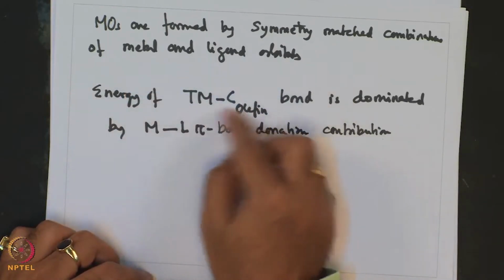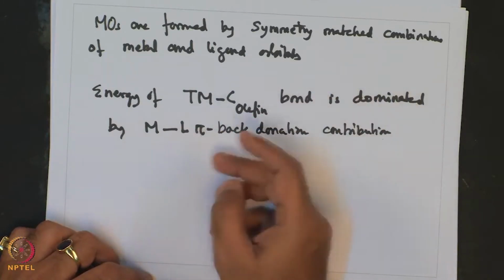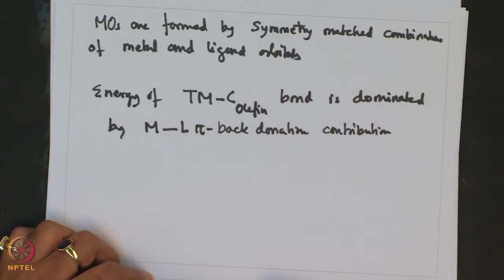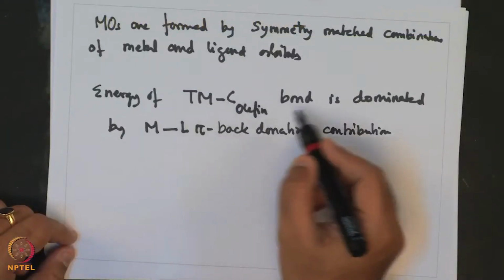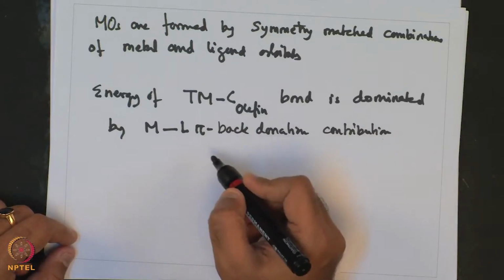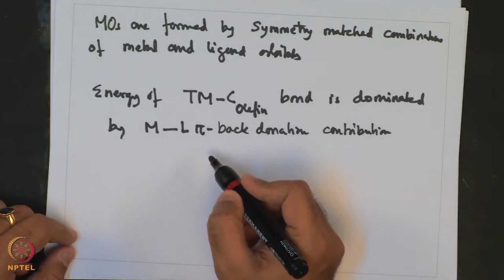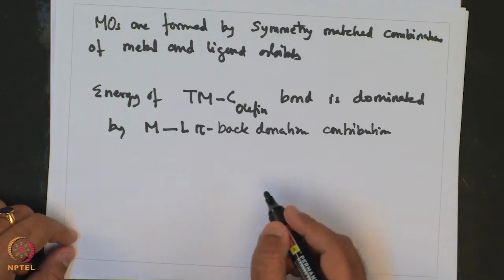So, the transition metal olefin bond dissociation energy is dominated by metal to ligand pi back donation, and that is a very crucial piece of information, because then one can look at the bond dissociation energy and have an insight as to the extent of forward sigma donation and pi back donation that is occurring in these complexes.